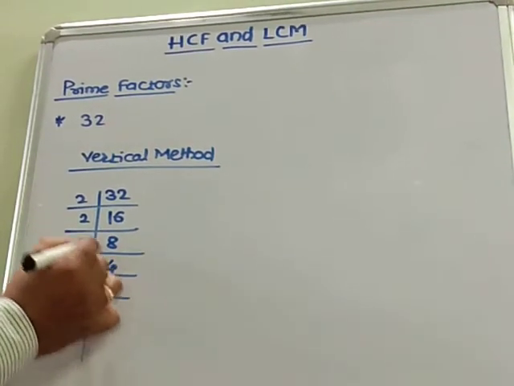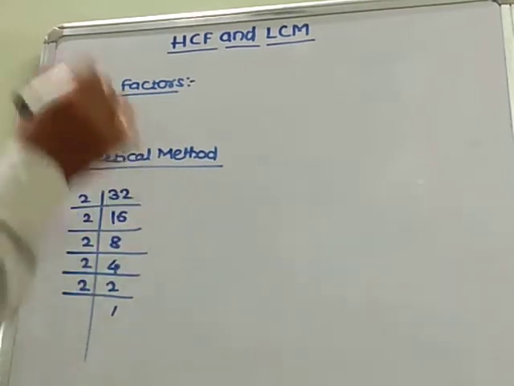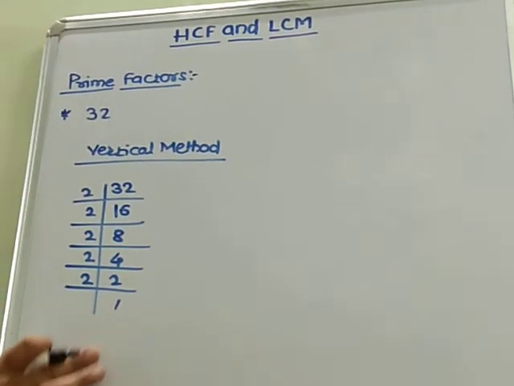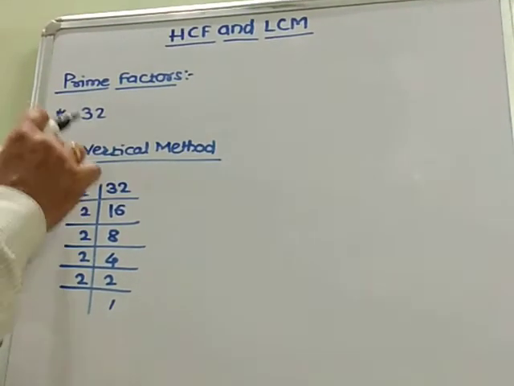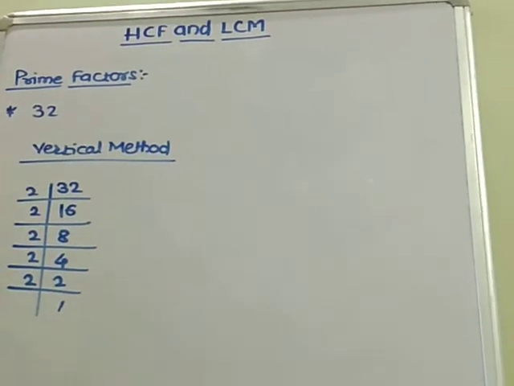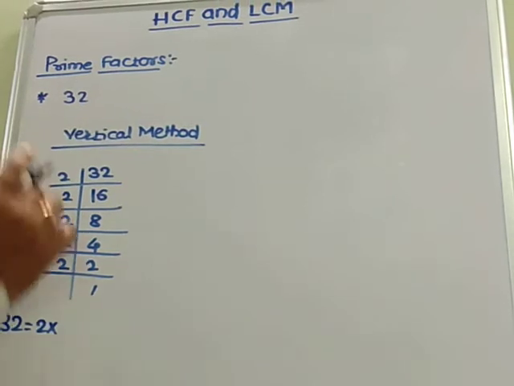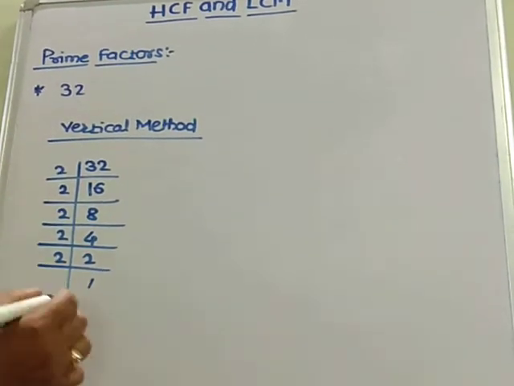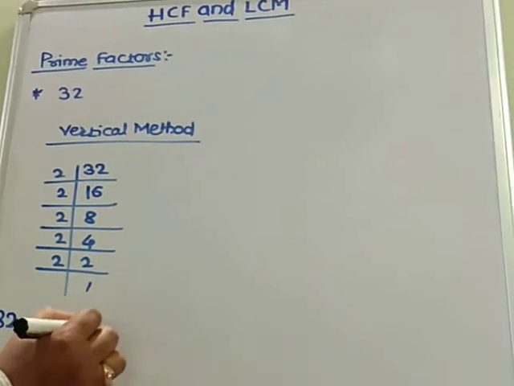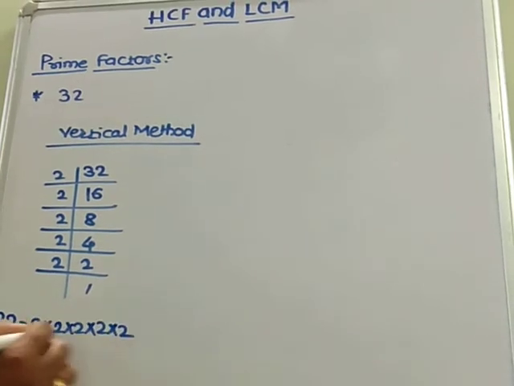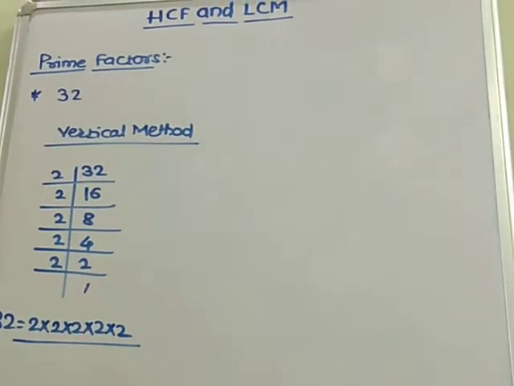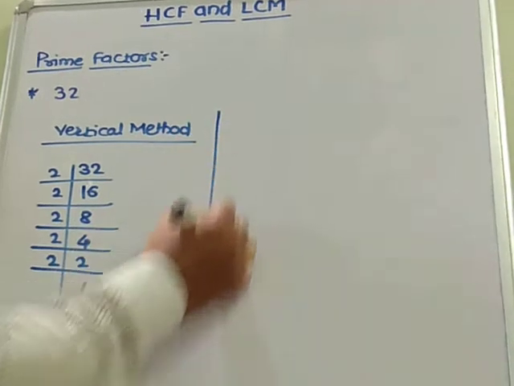That is the vertical method. That means 32 is equal to 2 five times: 1, 2, 3, 4, 5.